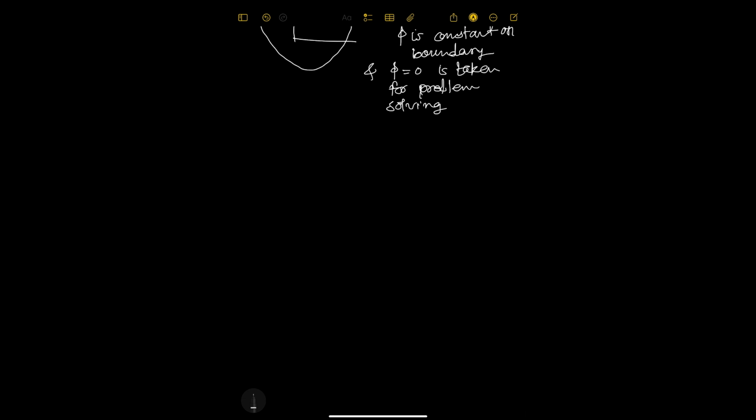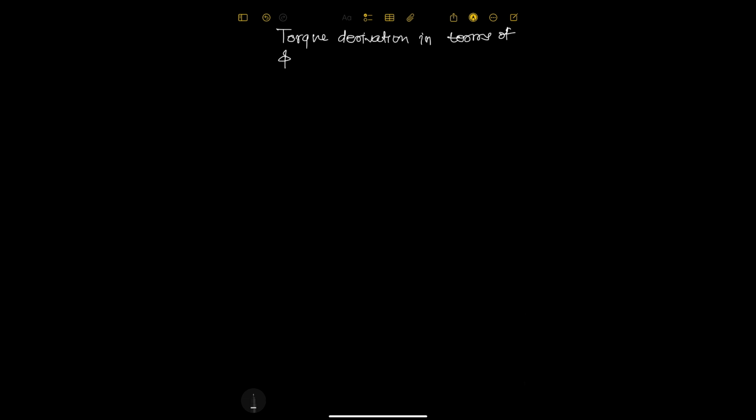Now in today's lecture we'll see the torque derivation in terms of phi, the Prandtl stress function. For this we'll draw again one general cross section, x axis, y axis.